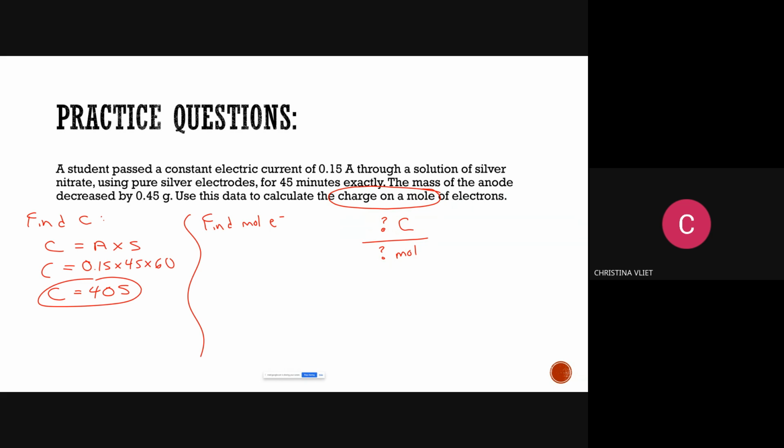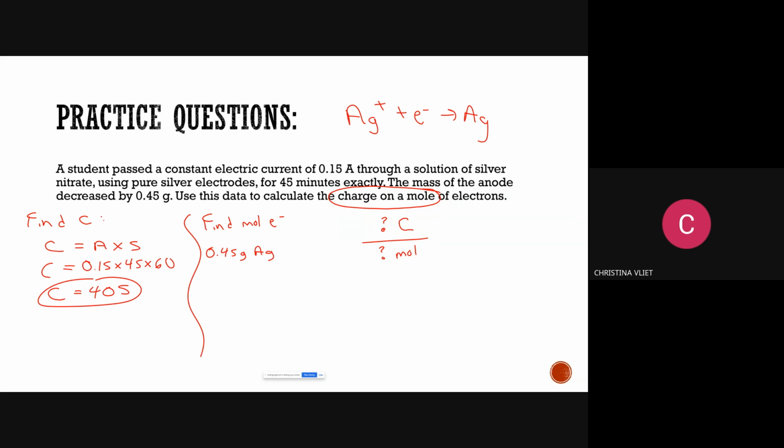Because it's still silver nitrate and they're still talking about silver. So find moles of electrons. So we've got 0.45 grams. So what should I do with that first? Change that to moles. How do I change grams to moles? Grams of silver. What do we do? Molar mass.